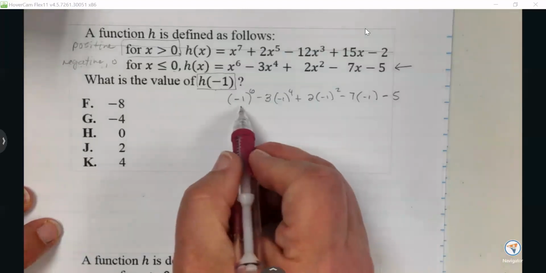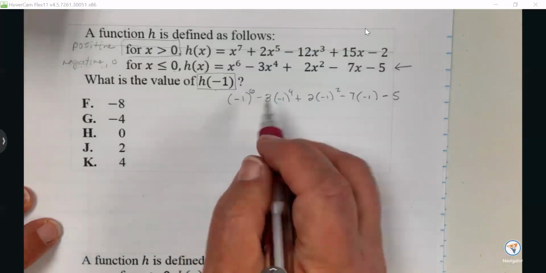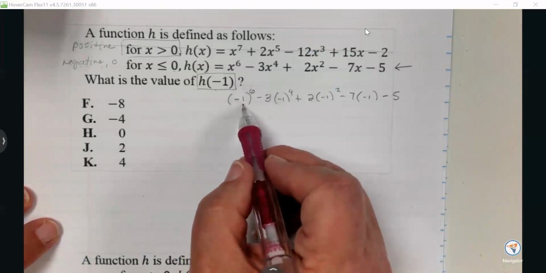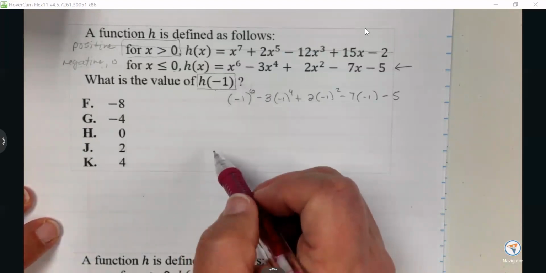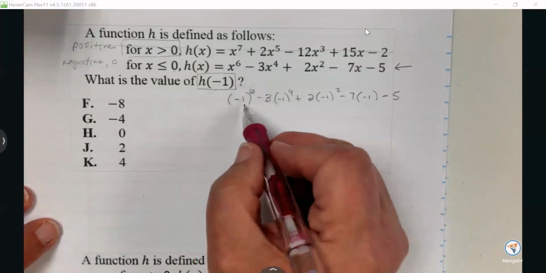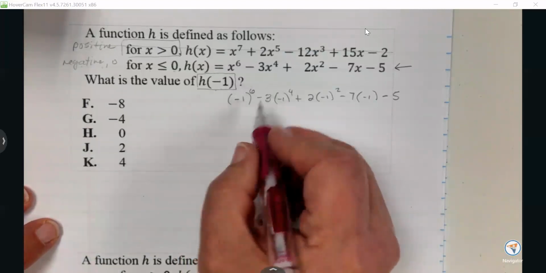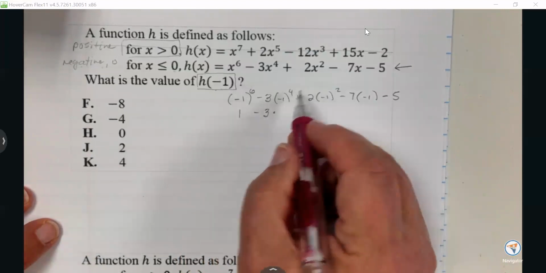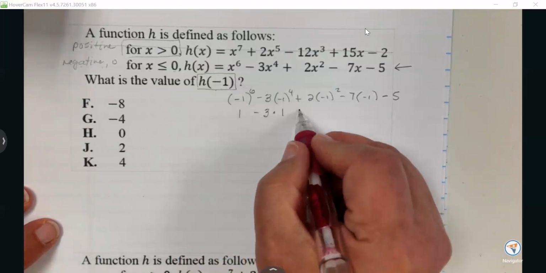So remember, anytime I raise a -1 to a power, if it's to an even power, I'll have a +1. If it's to an odd power, I'll get a -1. So in other words, I'm multiplying -1 an even number of times, so that would be a +1. Minus 3 times -1 to the 4th is +1.